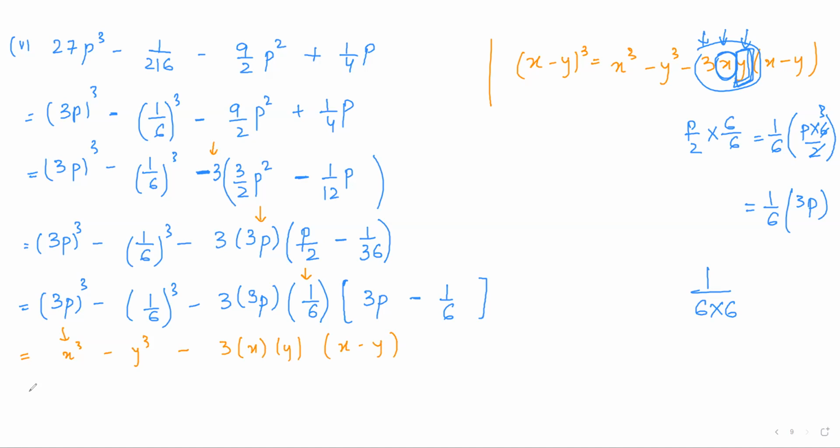That means the answer is x minus y whole cube, right? So it becomes 3p minus 1 upon 6 whole cube. This is the answer, which you can of course write 3 times: 3p minus 1 by 6 into 3p minus 1 by 6 into 3p minus 1 by 6.